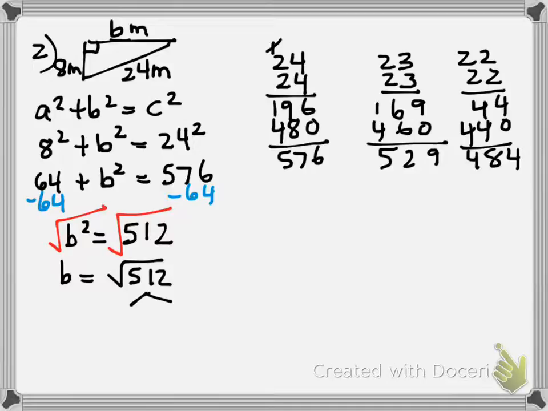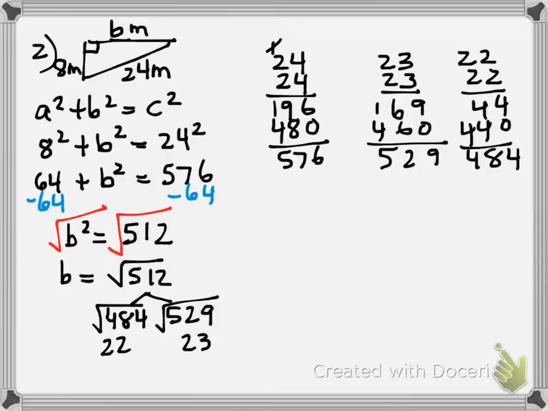So this is going to fall between these two perfect squares, 484 and 529. But remember, it's not 512, it's the square root of 512. So our number is going to be somewhere between 22 and 23.